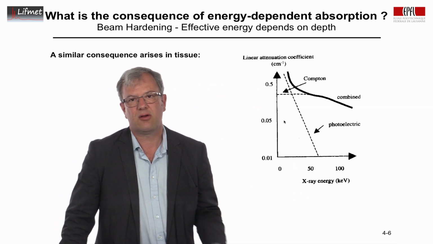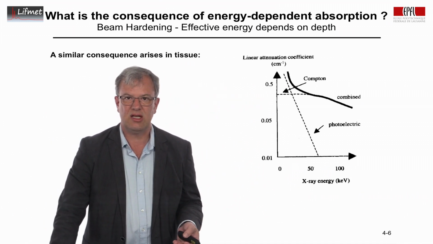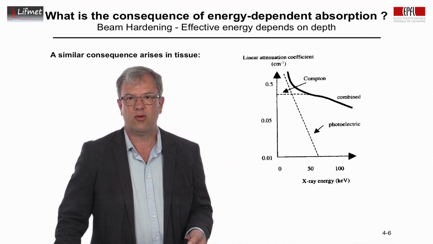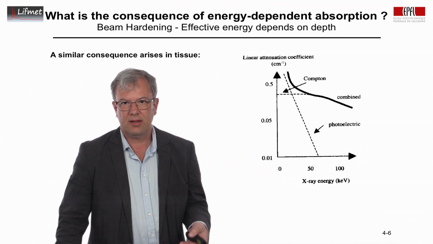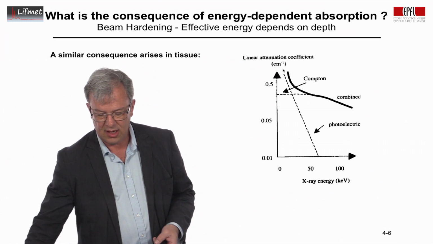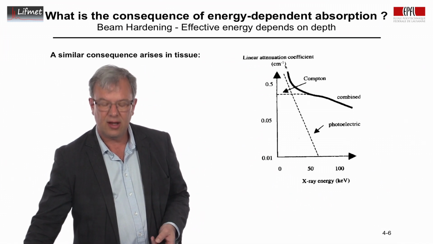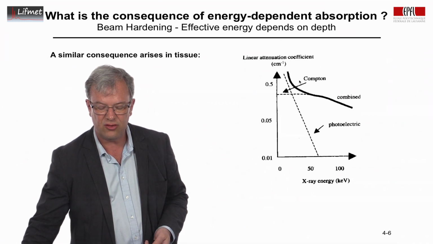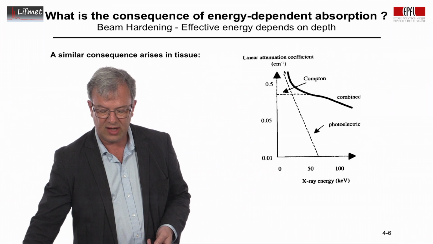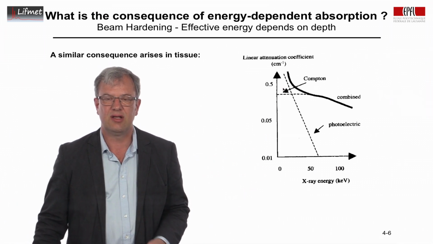In the ranges that we are concerned with for X-ray imaging and CT imaging, we're dealing only with the photoelectric effect and the Compton effect. As we can see, at low energies we have a stronger dominance of the photoelectric effect, so the linear attenuation coefficient increases quite substantially at low energies.